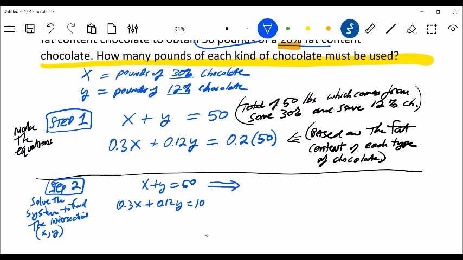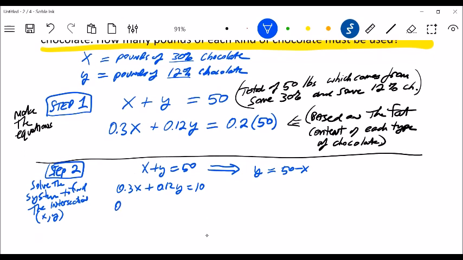Let's do this one as substitution. We could do it with elimination, and we could do it with substitution. I'm going to do it with substitution. I'm going to subtract x from both sides, so I get y equals 50 minus x. So I am now going to do 0.3x plus 0.12, and I'm replacing y with 50 minus x, because that's the same as y.